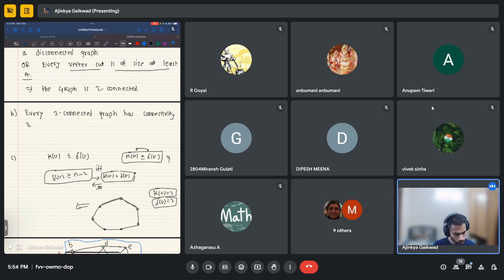But this does not imply that delta g is greater than or equal to n minus 2, because n here is 2, 3, 4, 5, 6, 7. So delta of g greater than or equal to 5 doesn't hold. In fact, I have delta g equal to 2. Yes, sir. So this is a sufficient condition. You cannot say it is a characterization.